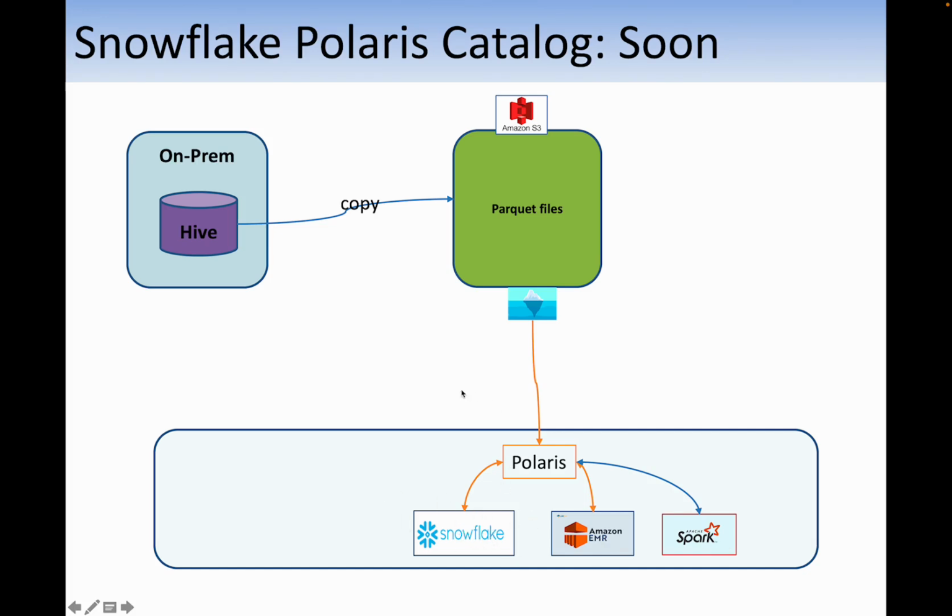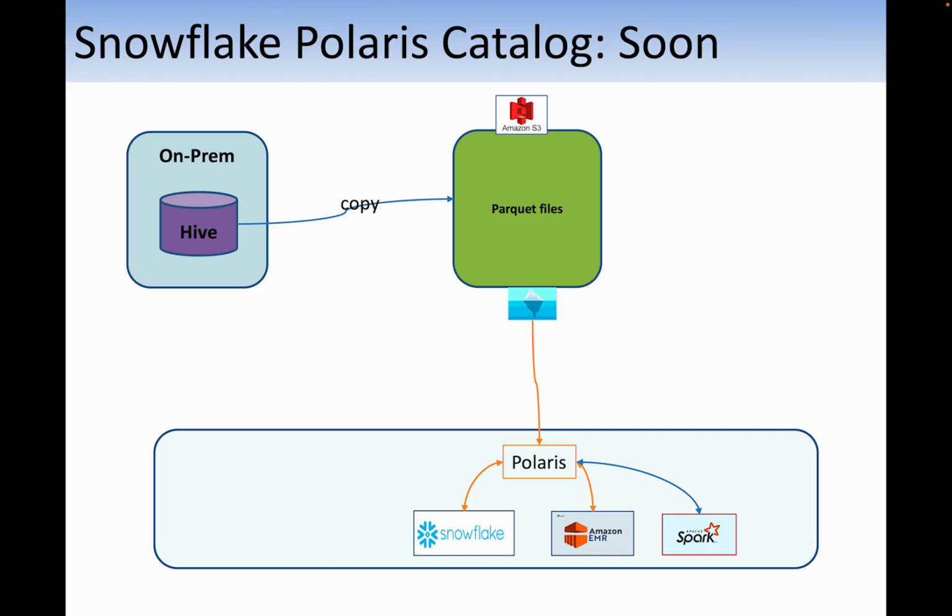Whenever Spark, EMR, or Cloudera through Dremio, Trino, or anyone updates your Iceberg table, Polaris will know and inform Snowflake or whatever engine it is. So we don't have to run a manual refresh. If Spark updates, we immediately do select count star and Snowflake has the most recent Iceberg table.